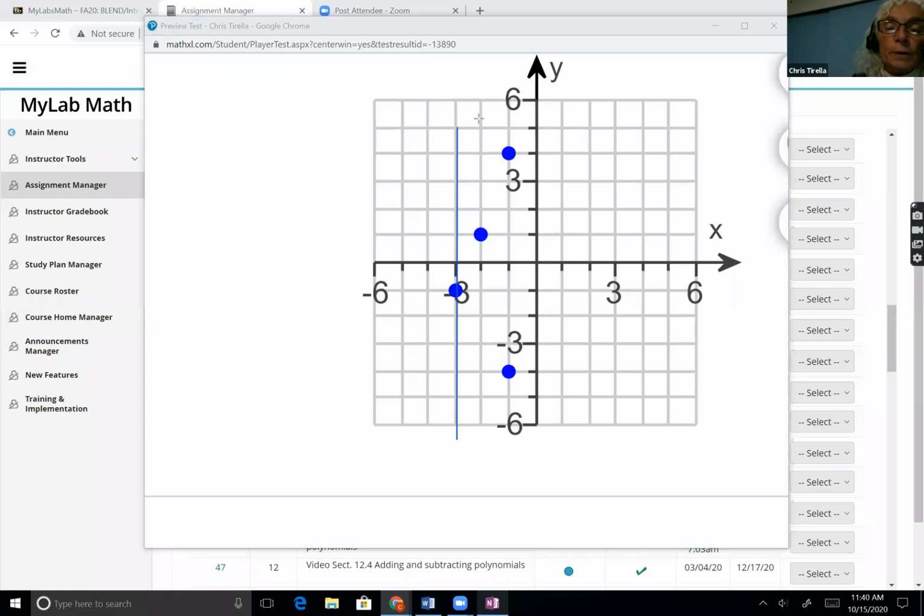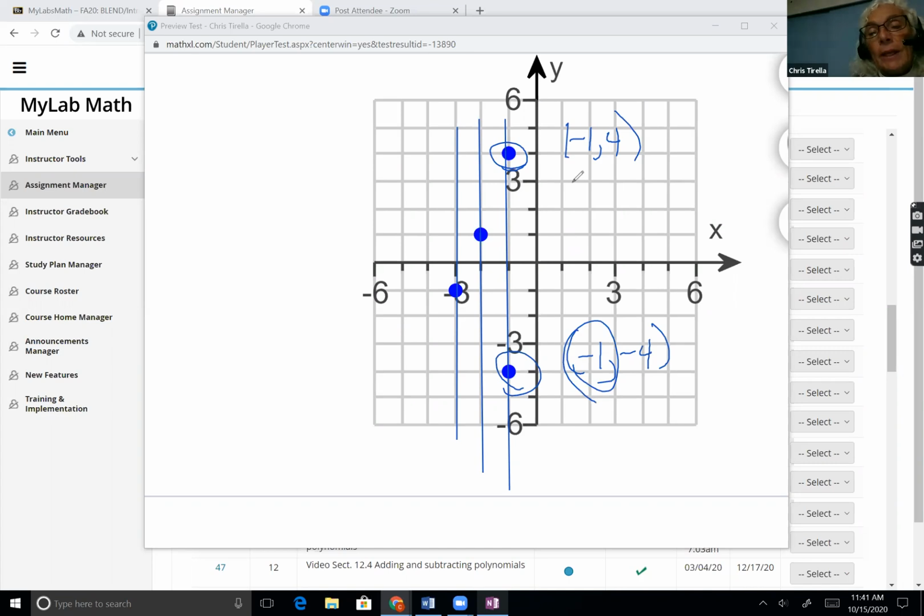Over here, the vertical line crosses once. But over here, you guys see that vertical line crosses 2 points? If I were to look at those 2 points, this point would be the point negative 1, 4. And this point would be the point negative 1, negative 4. And since I've got a repeating x value, the answer to this question would be no, it's not a function.